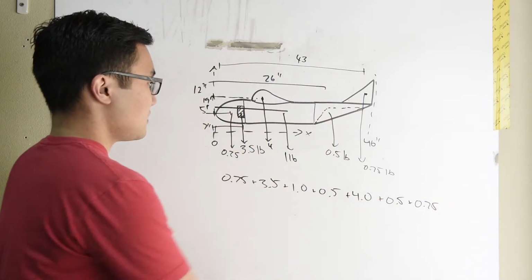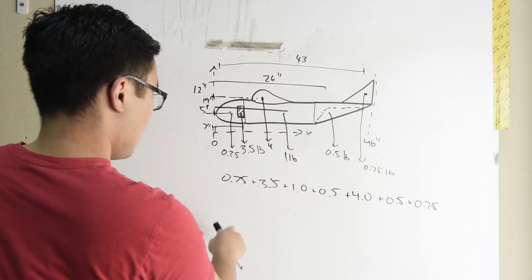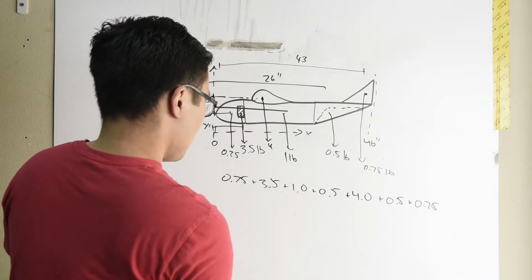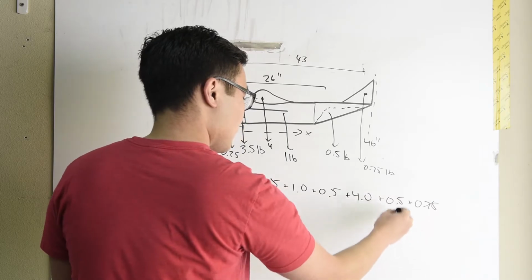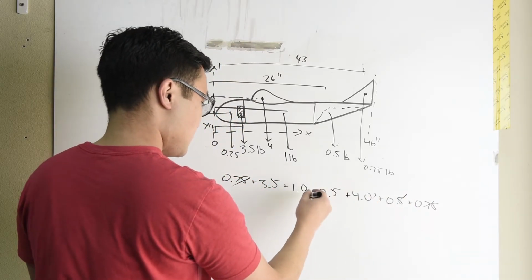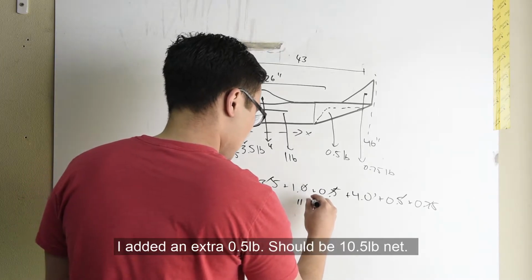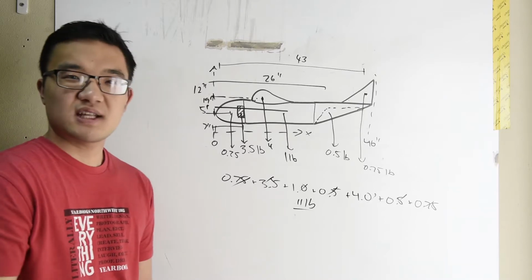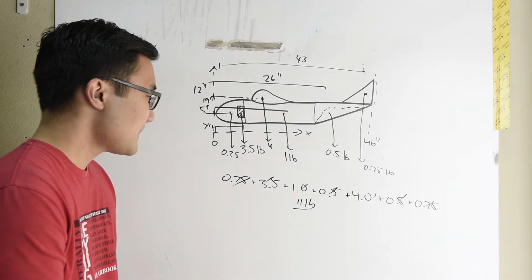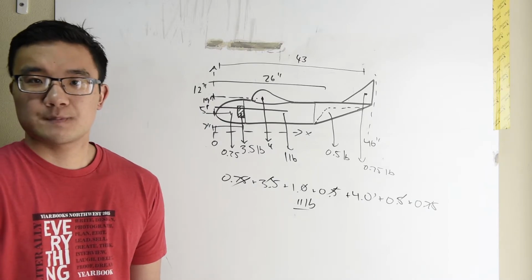Hopefully I'm not missing any there. 1, 2, 3, 4, 5, 6, 7. Sure, and we can go ahead and sum this. 5, 2, 6, 10. Okay, if we sum it, 11 pounds. It's pretty decent. That's pretty close to what the plane was. So we have a total force downward of 11 pounds.